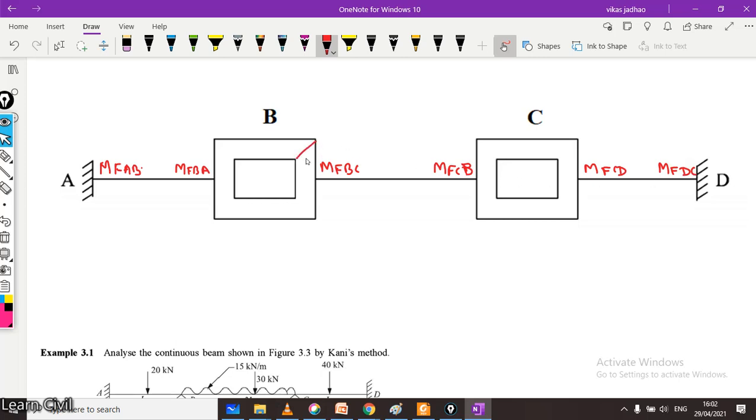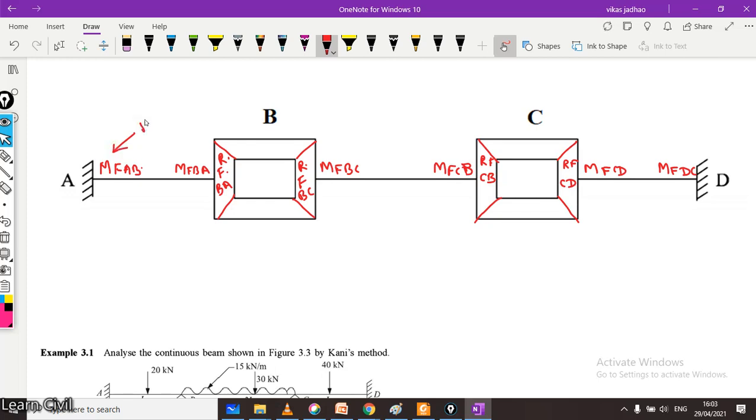Then we will write the rotation factors here. We will write the rotation factor for BA here, then the rotation factor for BC here, then the rotation factor for CB here, and the rotation factor for CD here.